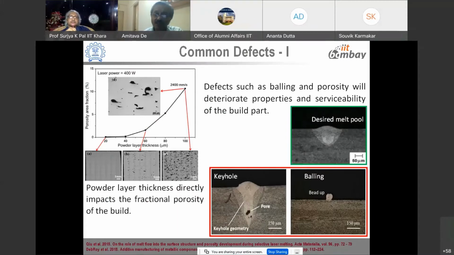Balling is a typical phenomenon of powder-based processes, where we are not melting a flat surface, we are trying to melt layers of powders, and of course it won't be easy to melt all powders uniformly when a beam is coming at the top.